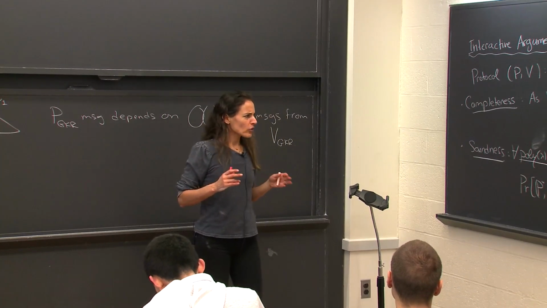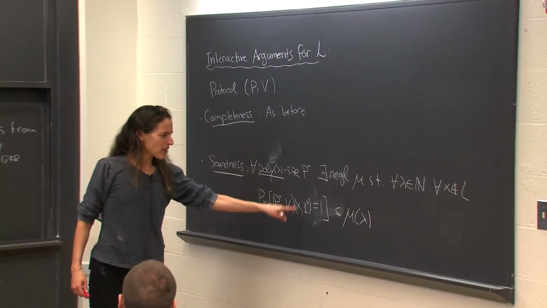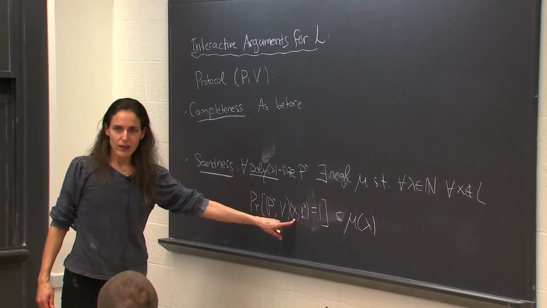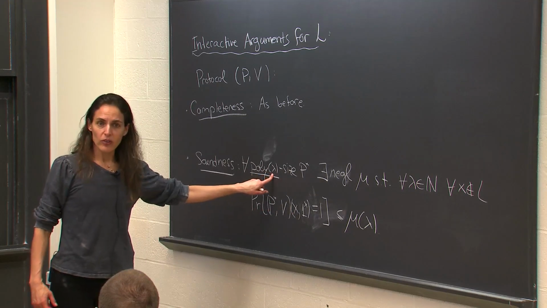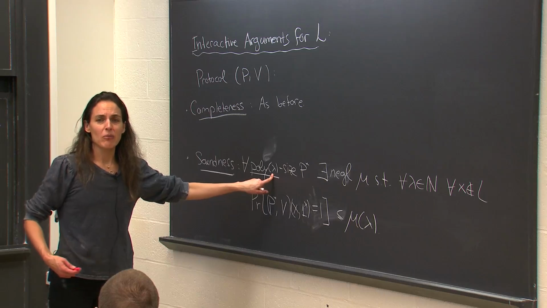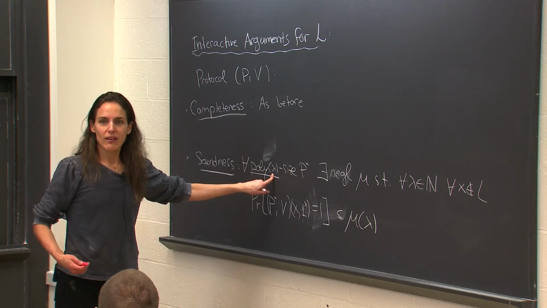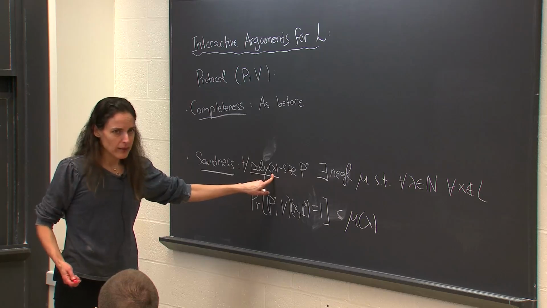Now, it seems weird. If the instance is of length n, and the security parameter is polylog n, we're not even giving the cheating prover the opportunity to read the input. So it's a very weak guarantee.